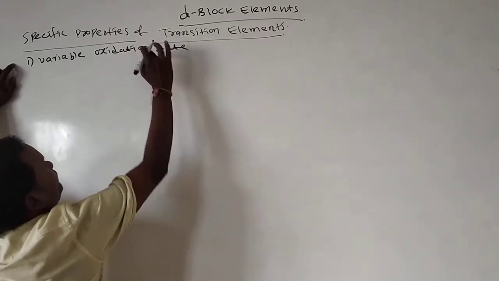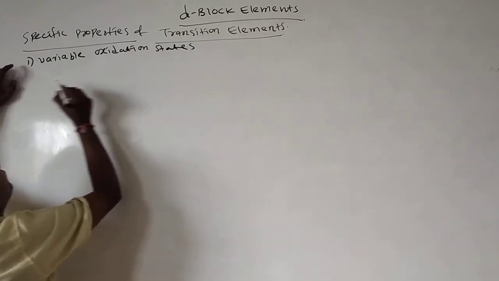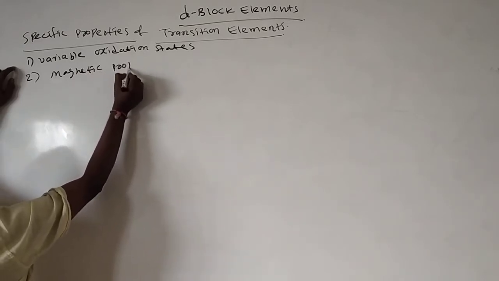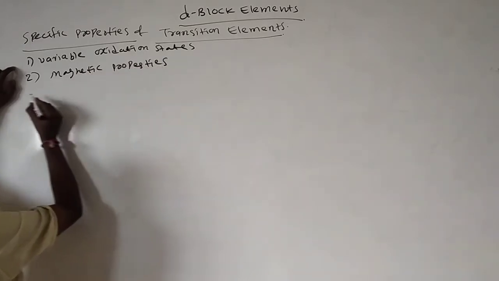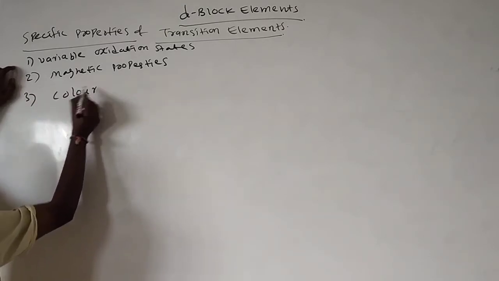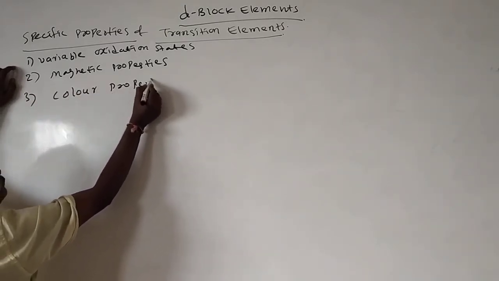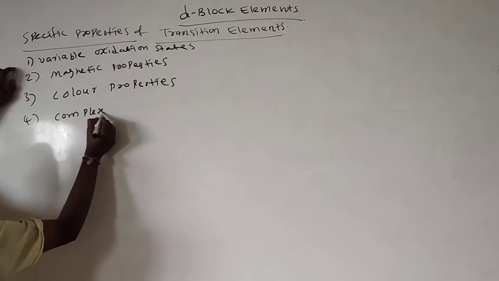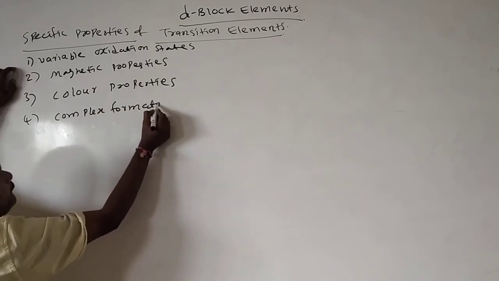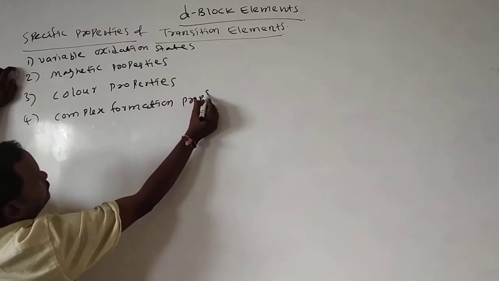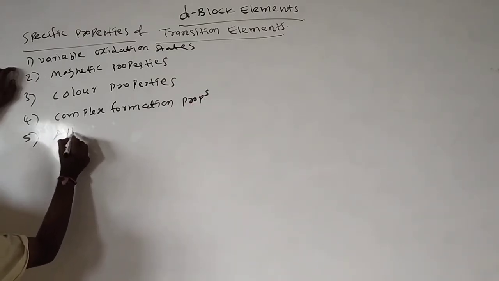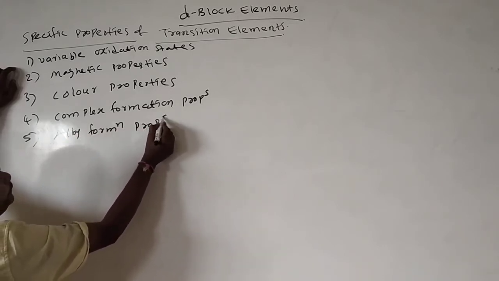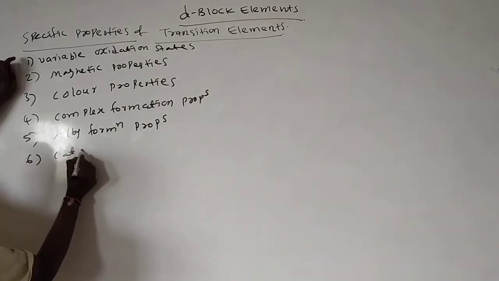These are all important specific properties of transition elements. Second one, magnetic properties, color properties, complex formation properties, alloy formation properties, catalytic properties.